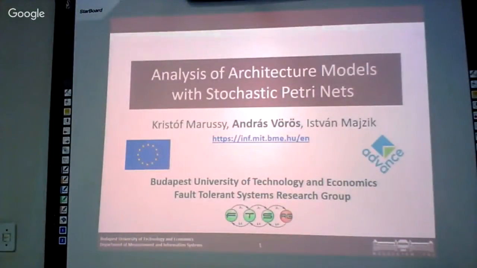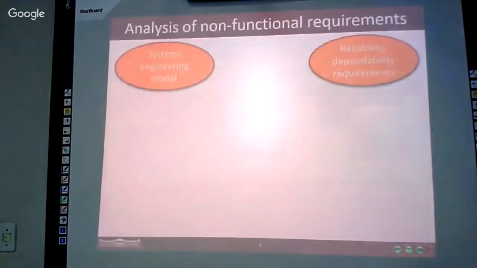So I just want to show you this case study because it was a real industrial project where we combined structural modeling and various techniques and technologies I have already mentioned to you. The goal of this case study was to analyze the non-functional requirements of systems.